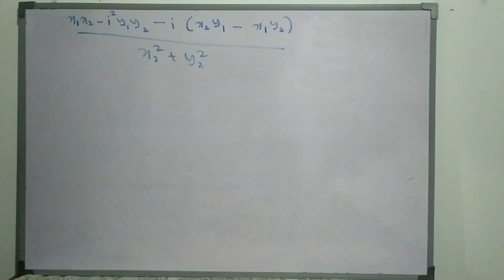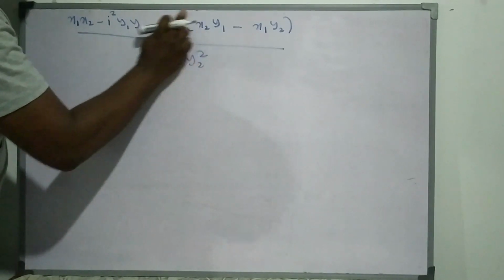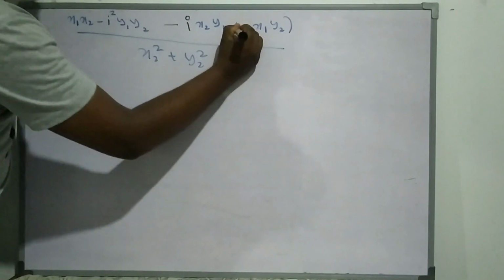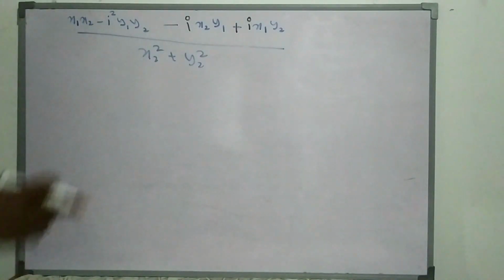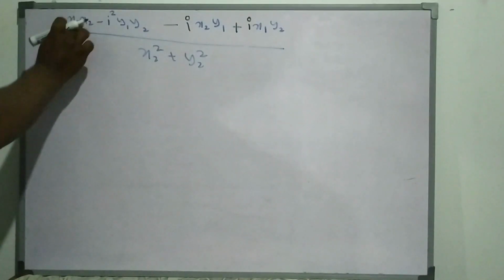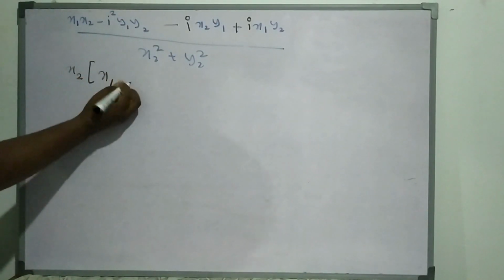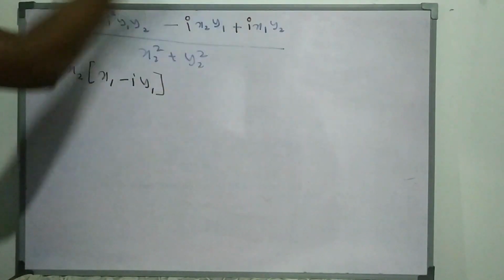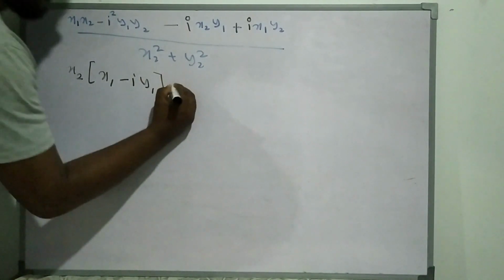Right, so I'm going to solve the bracket. When I solve the bracket, it will be minus i, and here plus i. Here x2 can be taken out, x2 then (x1 minus i y1), comparing these two. Again i y2 can be taken out.